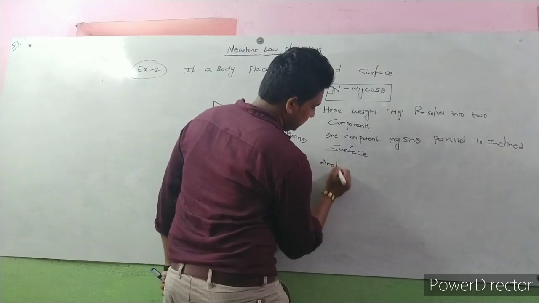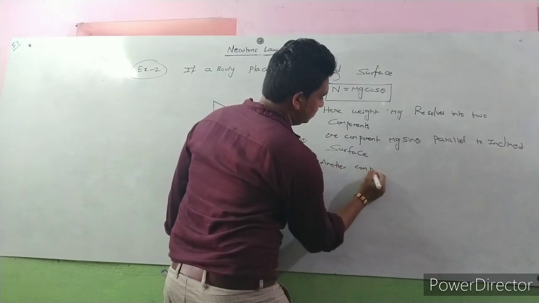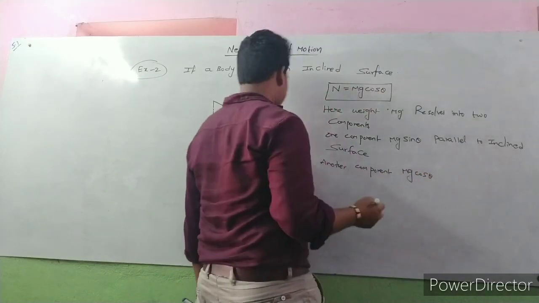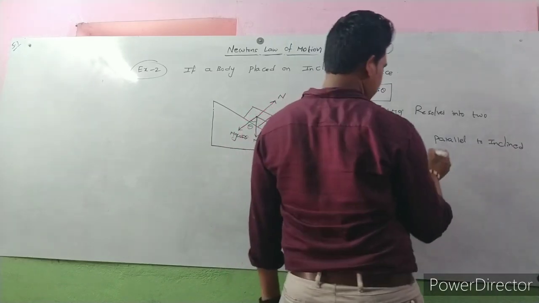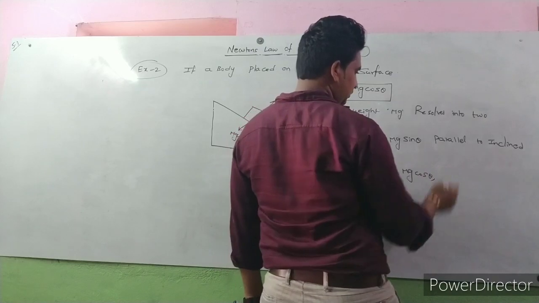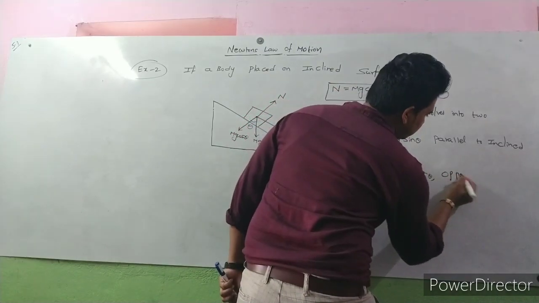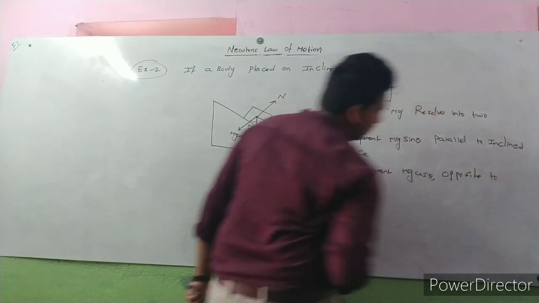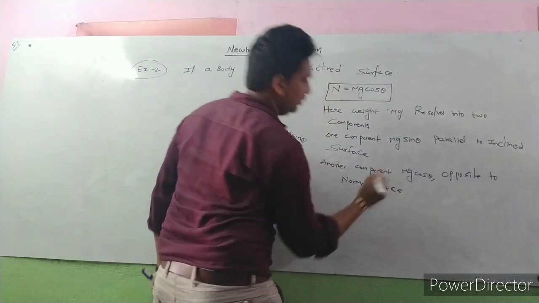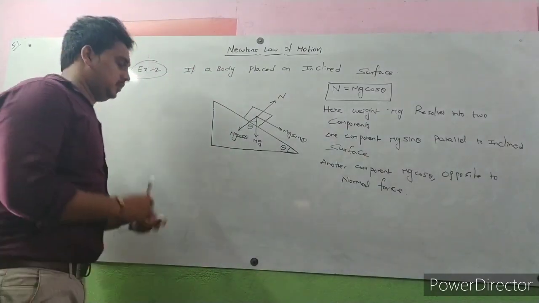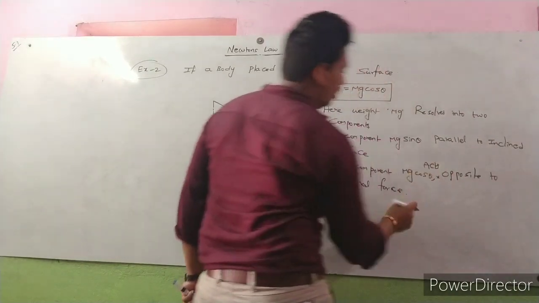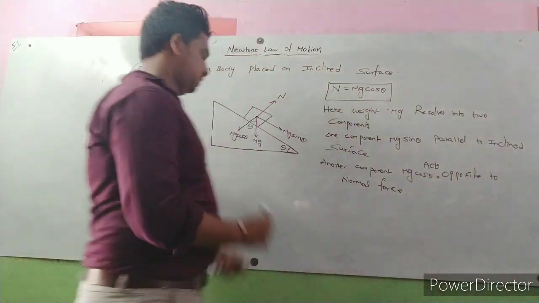Another component, mg cos theta, acts opposite to the normal force.